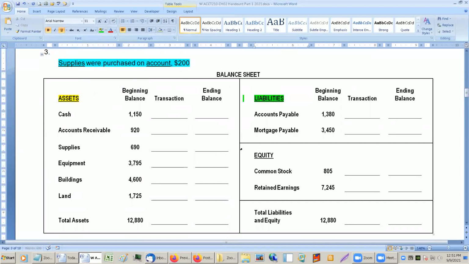What accounts are we going to use? We're going to use the supplies account. Yep. And then I don't know what the supplies are being used towards. I don't know if it's equipment or accounts payable. Good, yeah, you're both right. So supplies is the account we're going to use, definitely.